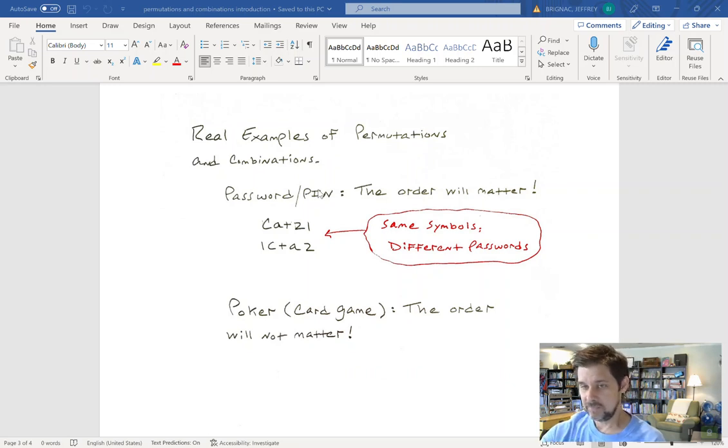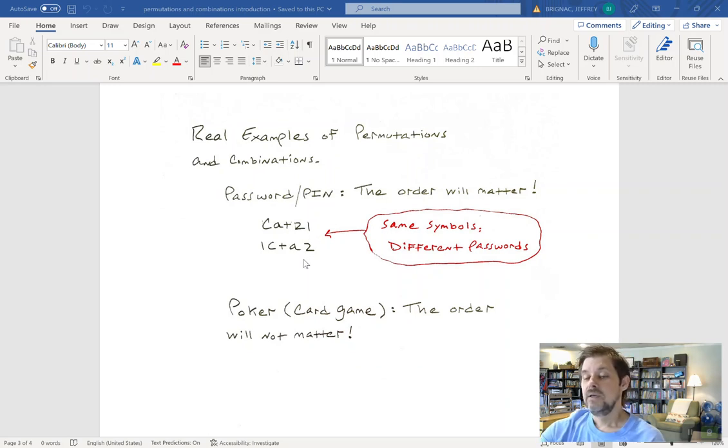Say my password is cat21. I can't rearrange it to 1cta2 even though that's got all the same numbers and letters. I rearrange it, it's no longer the same password. So a password is a permutation. When you start rearranging it, it's going to be considered a completely different thing.